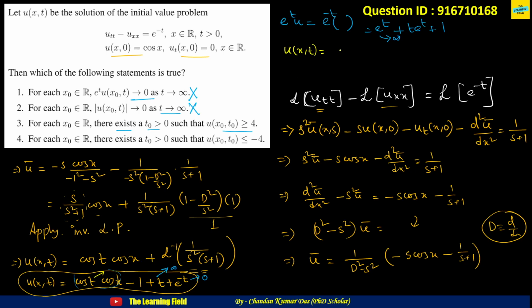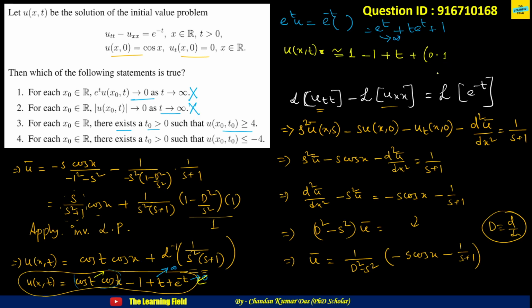This is nearly equal to minus 1 plus t, and e to the power minus t is some fractional quantity, some constant, suppose point 1 or 2 or like that.